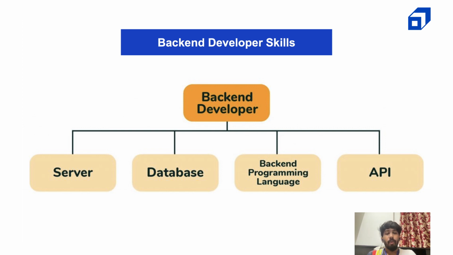Even though programming languages are a must, Java or Python or something, under programming languages you will also have to know two things: algorithms and data structures, DSA. This is very basic for all developers, so you'll have to be thorough in data structures and algorithms. And then comes the programming language. Now let's look into all of these skills in detail.